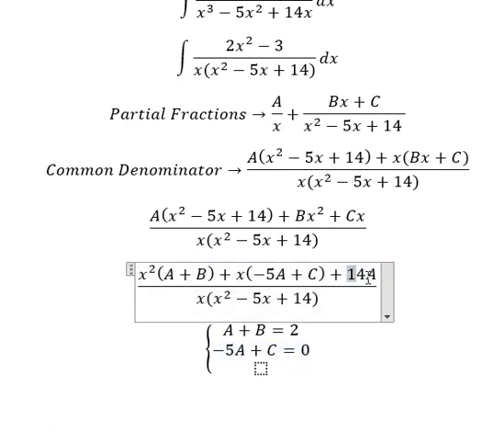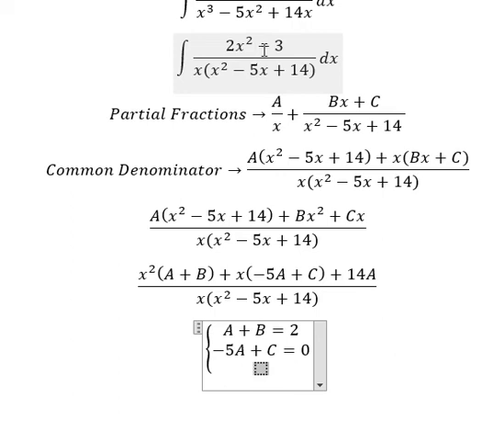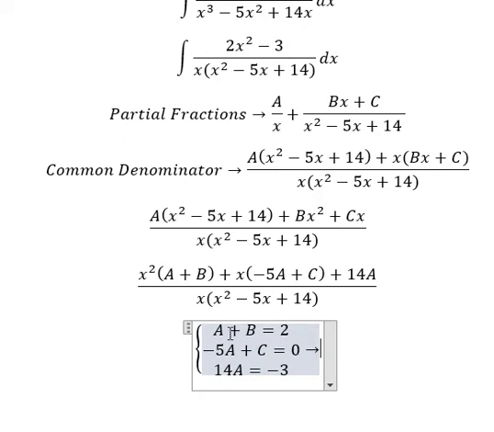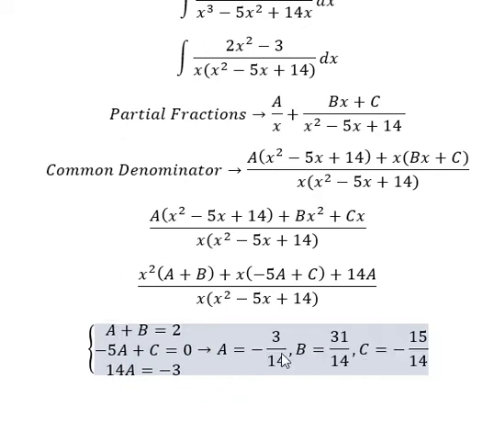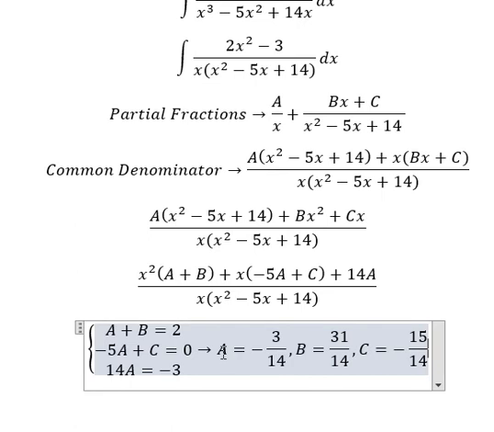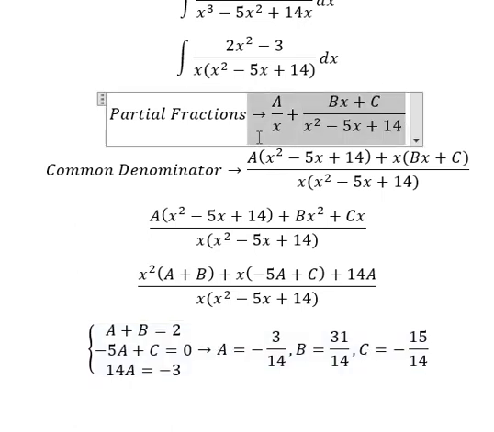About the numbers, we have 14a, so we have negative number 3, so 14a equals negative number 3. And now we can find the solutions of A, B, C. So here is the answer for A, B, C. Now we put A, B, C going here.